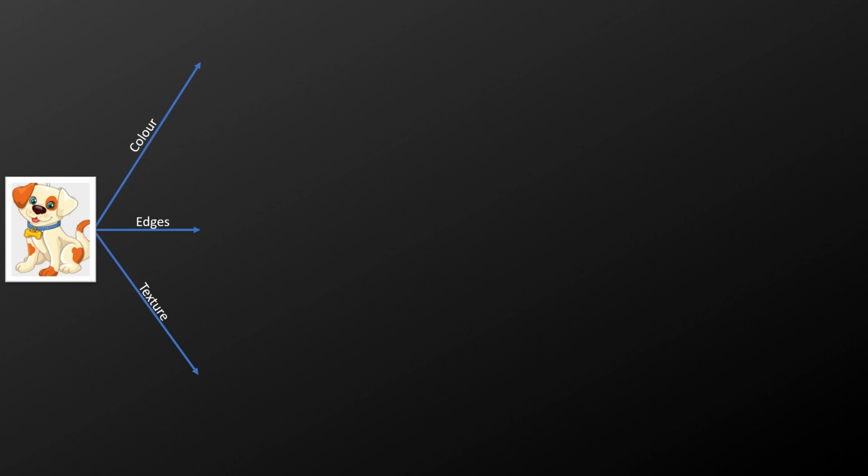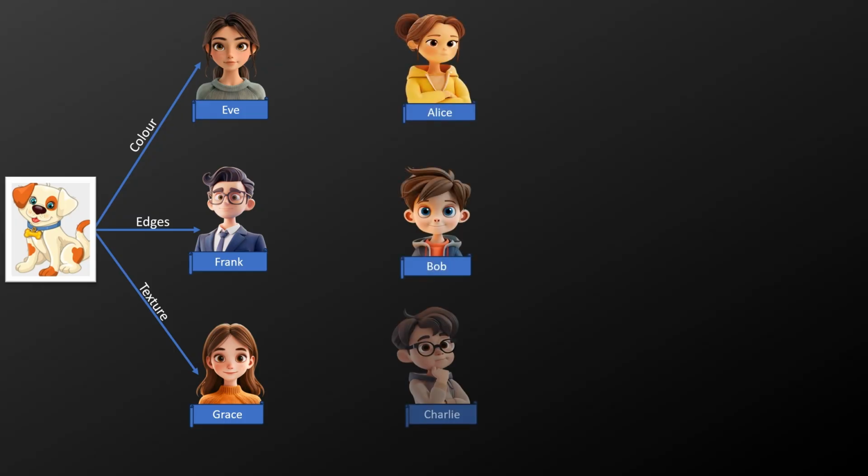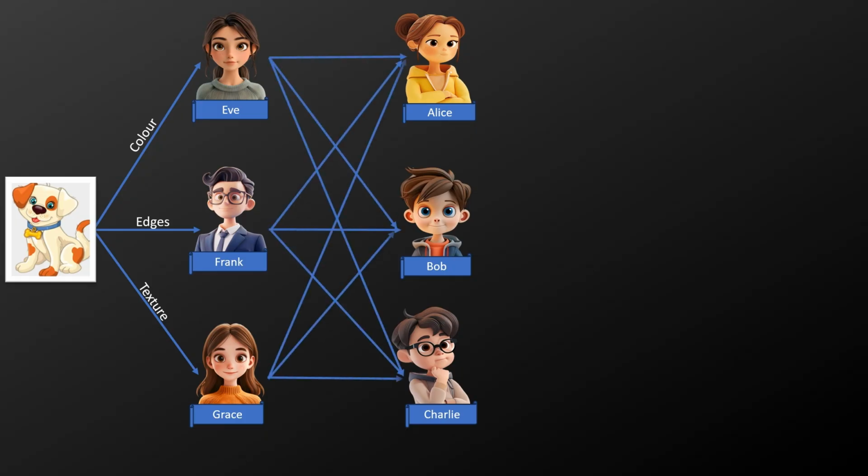We have a group of assistants who extract this information from the image. Let's call them Eve, Frank, and Grace. They don't do data analysis, but simply pass these data features forward to the team for further processing. Now, let's meet our main team members: Alice, Bob, and Charlie. They receive input data from Eve, Frank, and Grace.